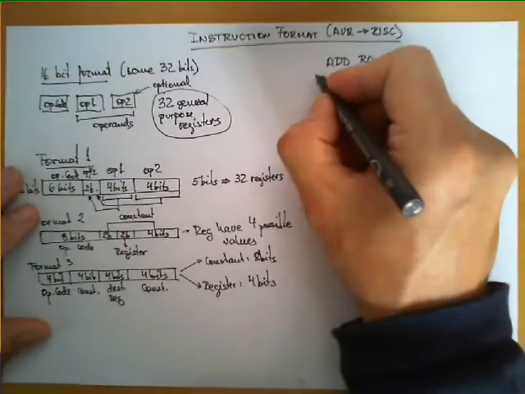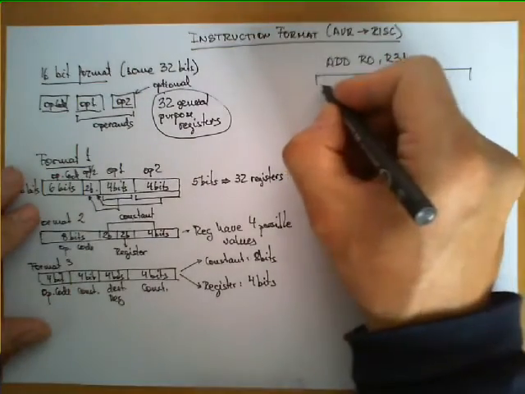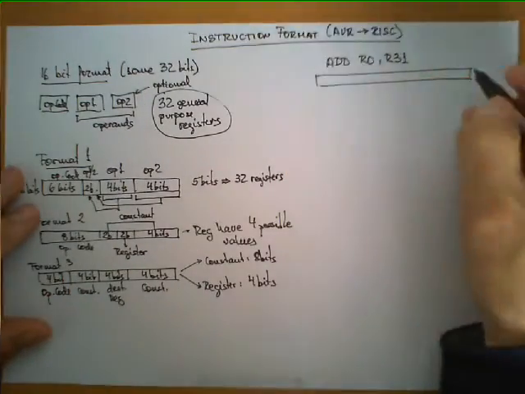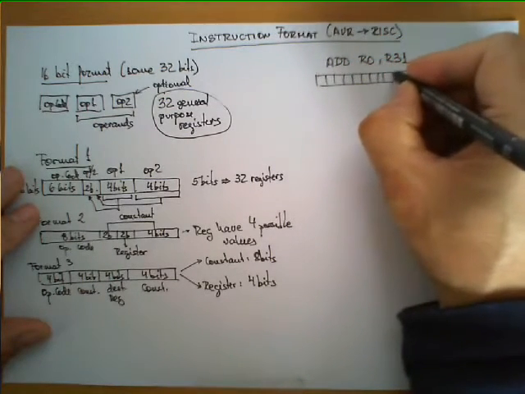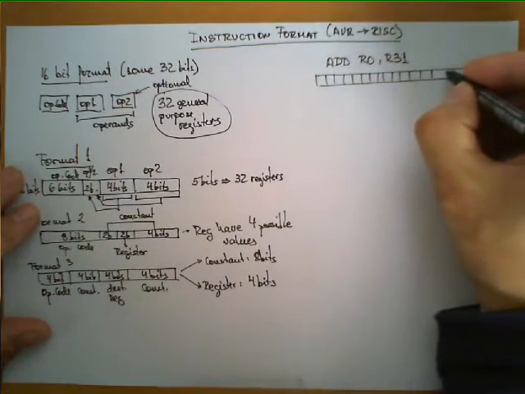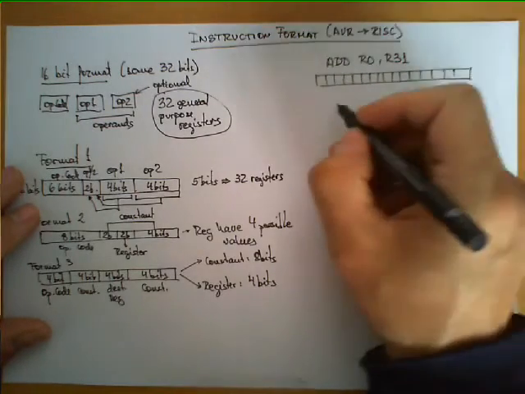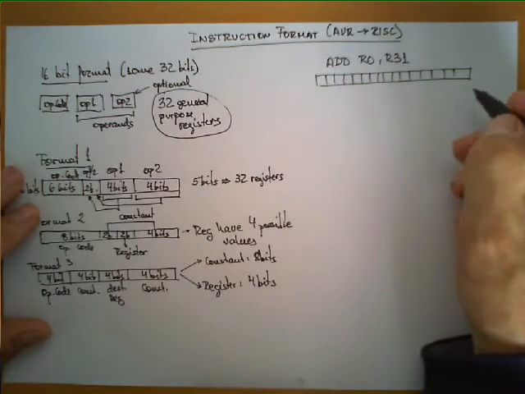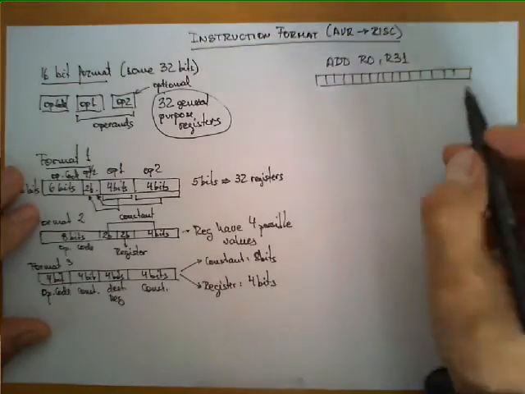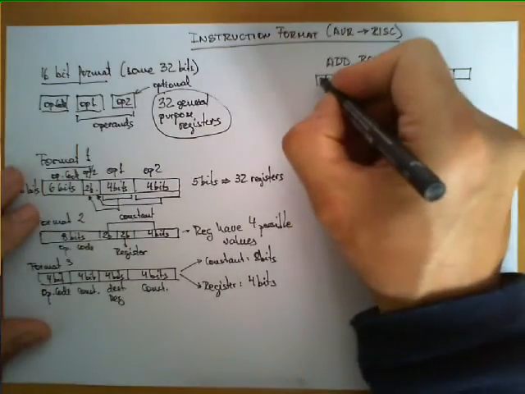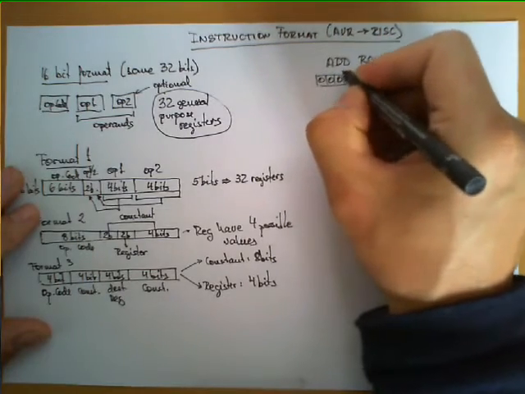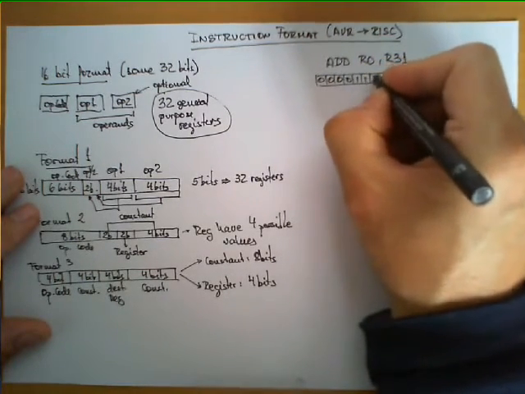And let's see how this instruction is encoded. This instruction will have a size of 16 bits, and the way it is encoded is first with the operation code, which in this case will occupy 6 bits and is 000011.